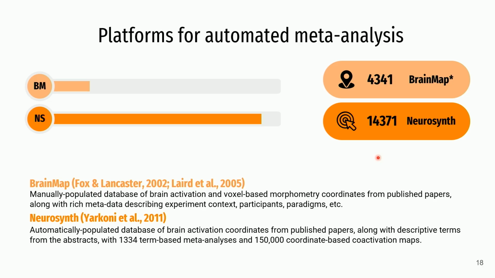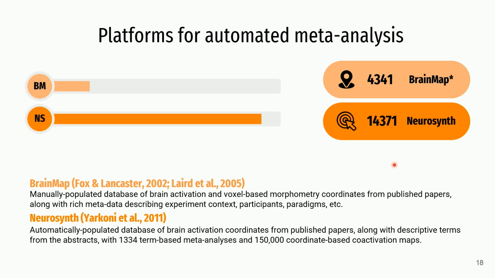There's another database, it's called the NeuroSynth database. If you can't tell, BrainMap has about 4,300 activation studies. NeuroSynth has about 14,000 fMRI studies in the database. So you have a much larger number of studies that you can meta-analyze across. However, NeuroSynth is an automatically populated database.